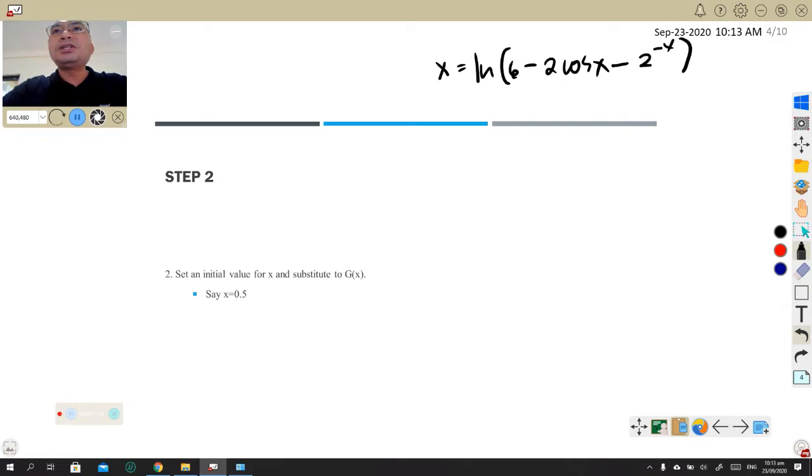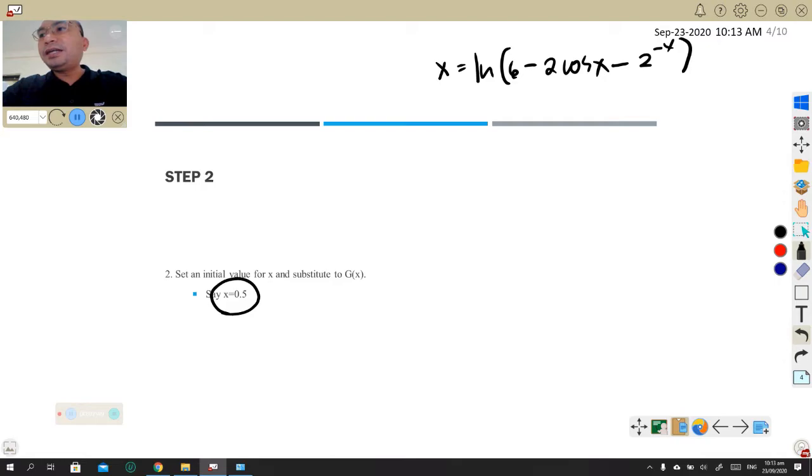So for step 2, let's set an initial value for x and substitute it into the function g of x. Say x equals 0.5. So 0.5 is the initial value, the assumed value to replace x.